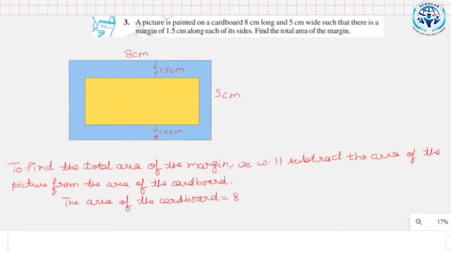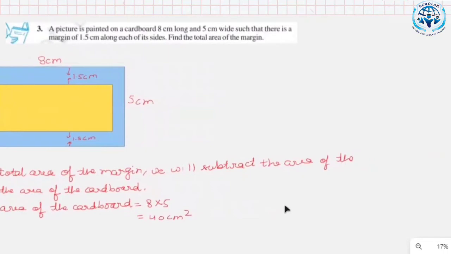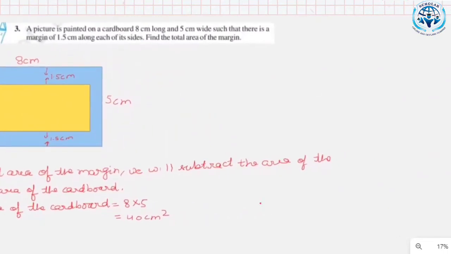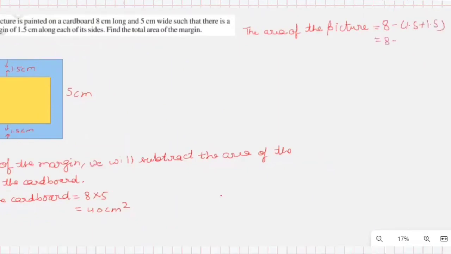Area of the cardboard is length into breadth, because it is a rectangle. 8 into 5 is 40, so 40 centimeter square. For calculating the area of the picture, we will subtract 1.5 and 1.5 from 8 to get the length, and 1.5 plus 1.5 from 5 to get the breadth.